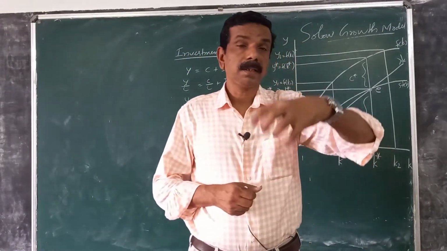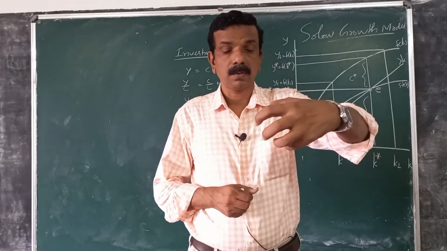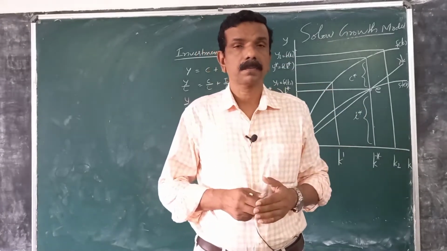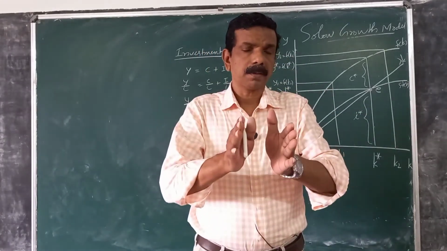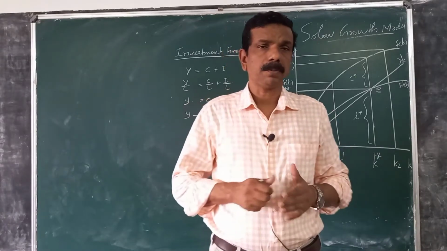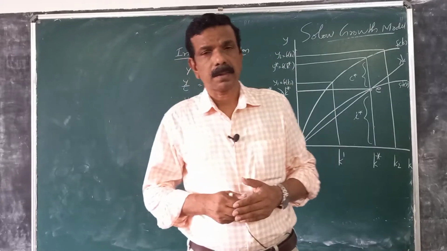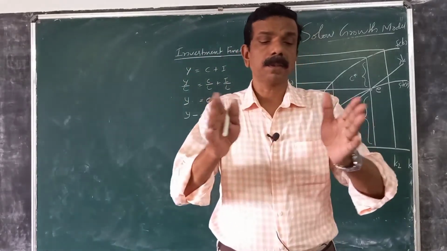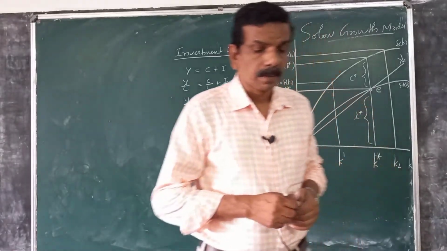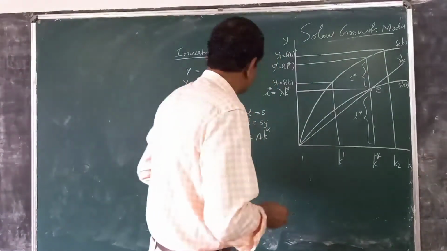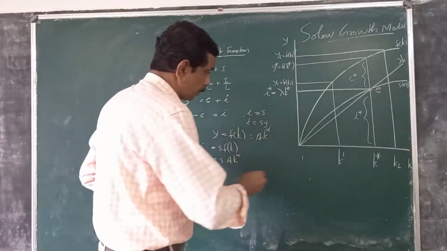And change in the capital stock causes economic growth. A given capital stock produces a given level of output, but as capital stock changes over time, the result is economic growth. And change in the capital stock is determined by two factors.